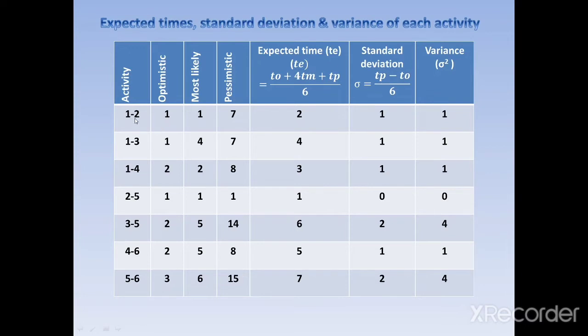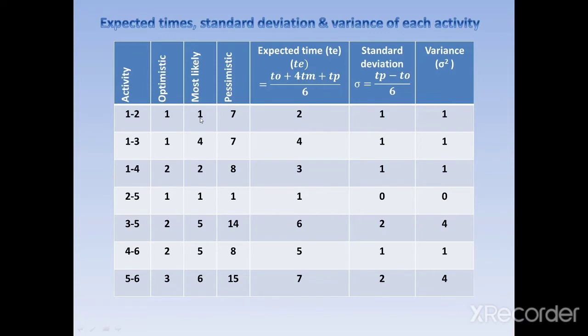For activity 1 to 2 I will calculate one sample. Optimistic time is 1, most likely is 1, pessimistic is 7. So TO is 1, plus 4 TM, that is 4 into 1, that is 4, plus TP 7. So 4 plus 1 is 5, 5 plus 7 is 12, 12 divided by 6 is equal to 2.